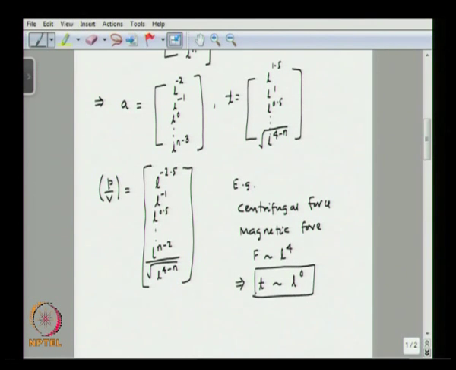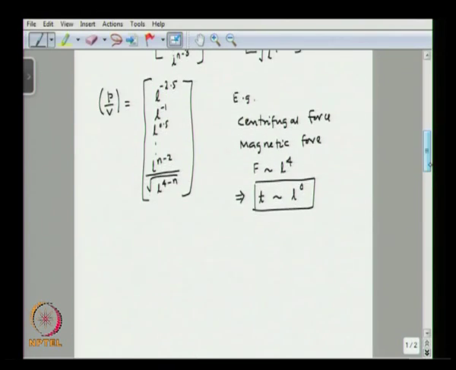So, what it means is that the time becomes independent of the length scale. Okay. So, this is contrary to our belief that small things tend to be faster. Here we see that the time is not going to change with length scale. So, that is one observation here.